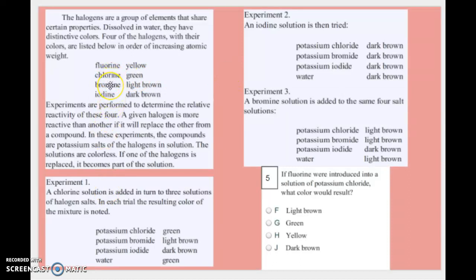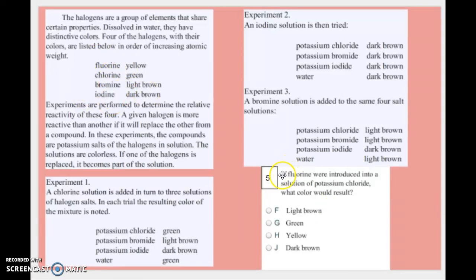The next most reactive is bromine, because chlorine knocked two of them out, bromine knocked one of them out, and then iodine's the least because it knocked none of them out. So you might go ahead and guess, if these are put in order, that fluorine would be more reactive than the rest of them, and it would knock out whatever it's put in.